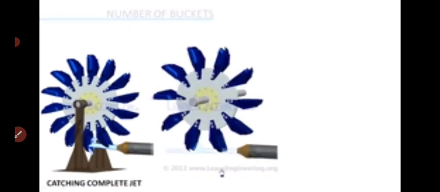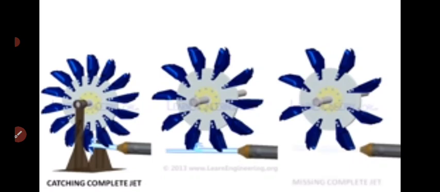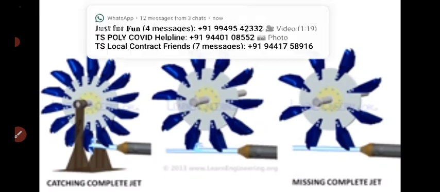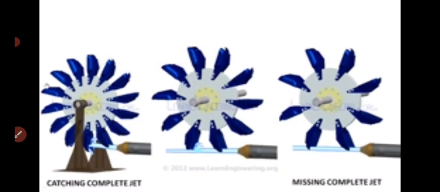With a lowering number of buckets, at some point of operation, the complete water jet might be lost. This will decrease the efficiency of the Pelton turbine drastically. So there should be an appropriate number of buckets, which will make sure that no water is lost.